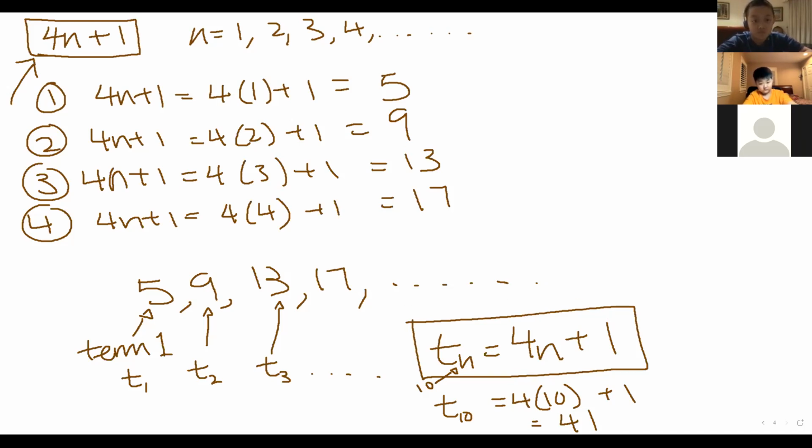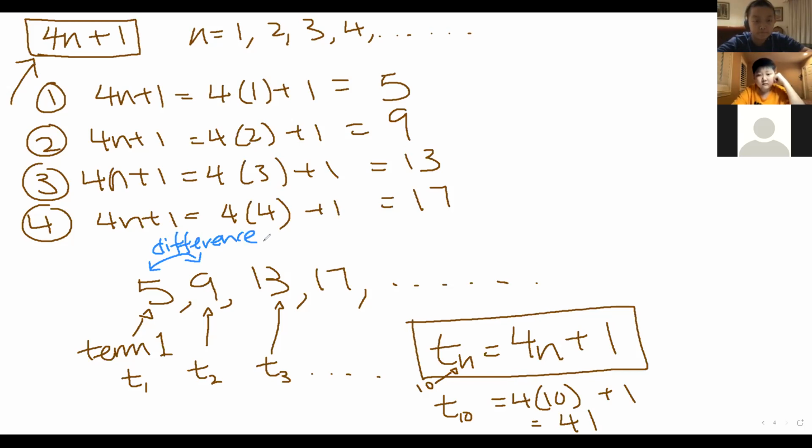So in any sequence of numbers, this may be a little bit of an overload, but I feel like it's very important for you to know. In any sequence of numbers, what you have to do to get from one number to the next number is called the difference.